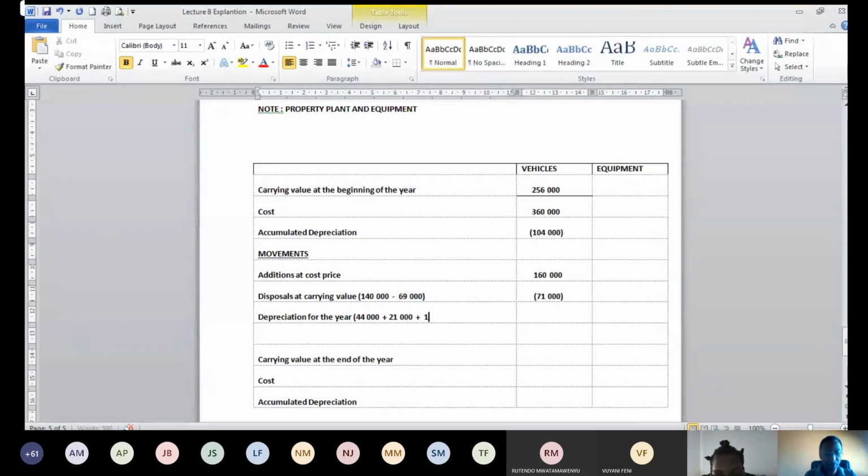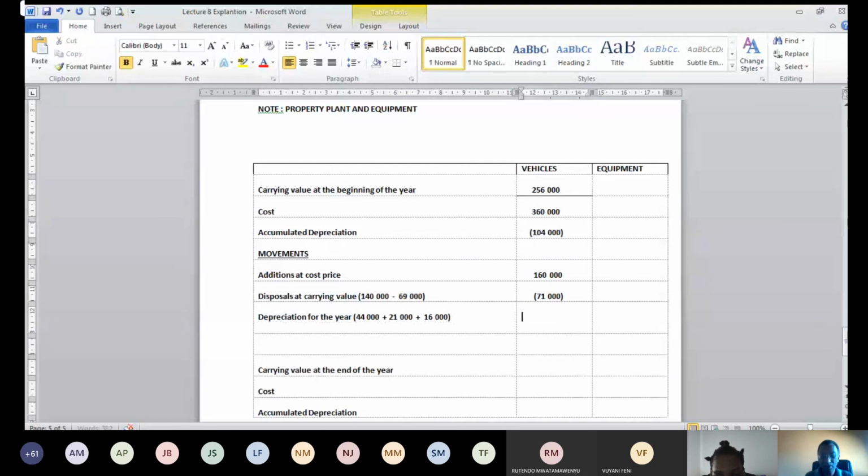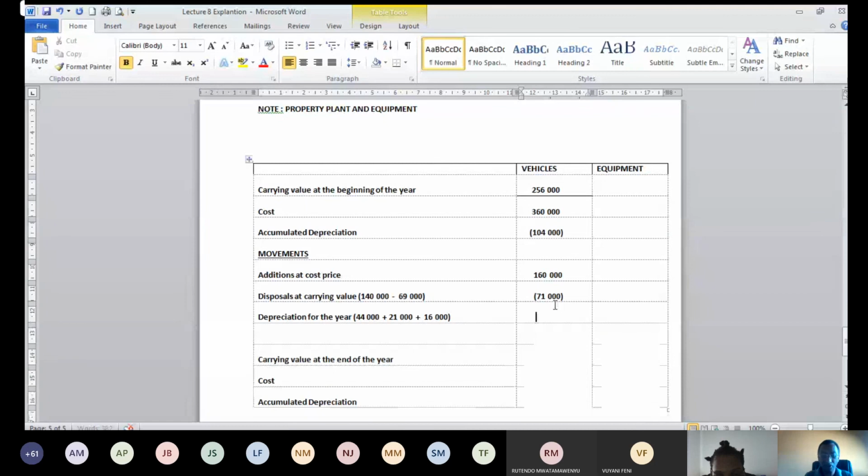And then there was depreciation on our new vehicle, which amounted to 16,000 Rand. And if you want to know what is your depreciation expense for the year, guys, it was the amount of 81,000 Rand. We show that also in brackets, 81,000 Rand.